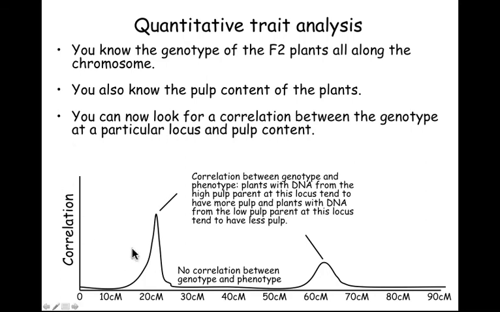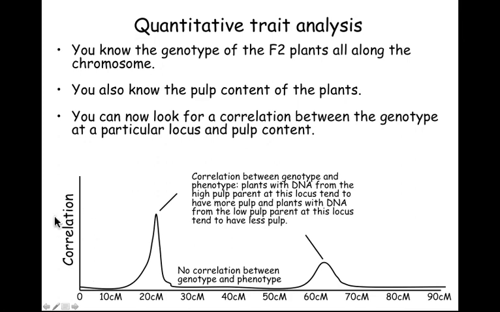So what this actually looks like then in a map is something like this. Correlation between genotype and pulp content, and then position on the chromosome. Again, we're trying lots of markers along the chromosome, and sometimes there'll be no correlation whatsoever. So it doesn't matter if your DNA at this particular position came from the high pulp content parent or the low pulp content parent.